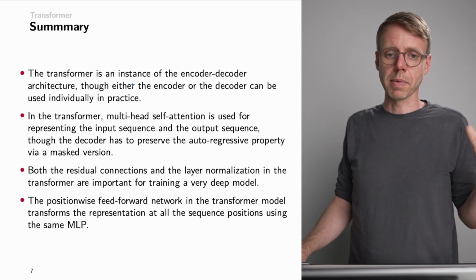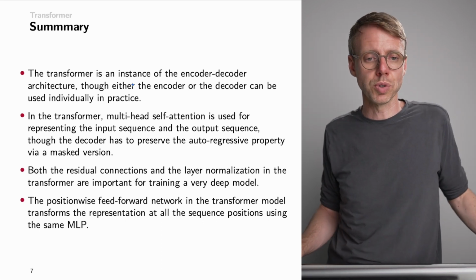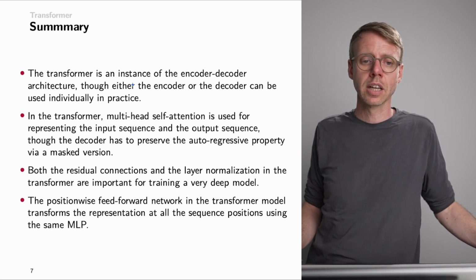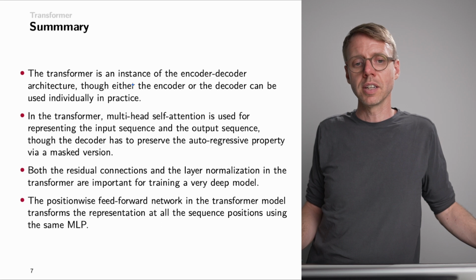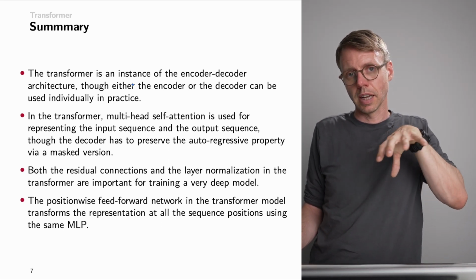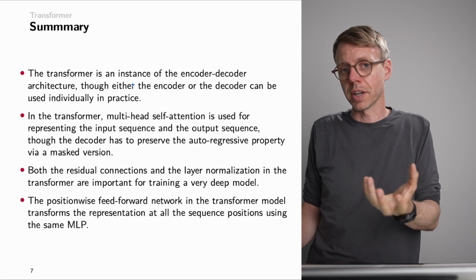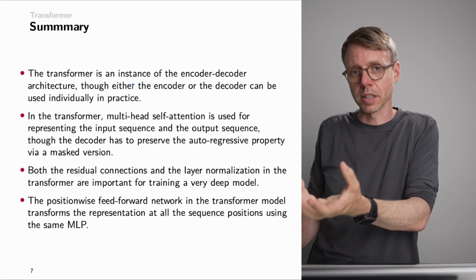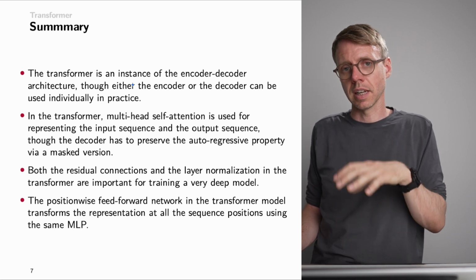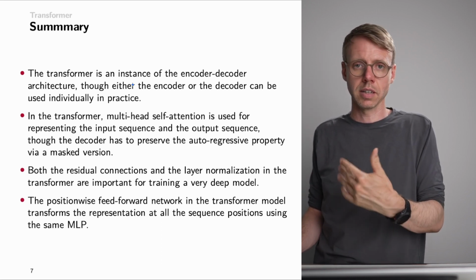In the transformer, multi-head self-attention is used for representing the input sequence and the output sequence, though the decoder has to preserve its autoregressive property because we want to attend only to already generated tokens when generating the next token. So thus it employs this masked self-attention layer in the decoder.